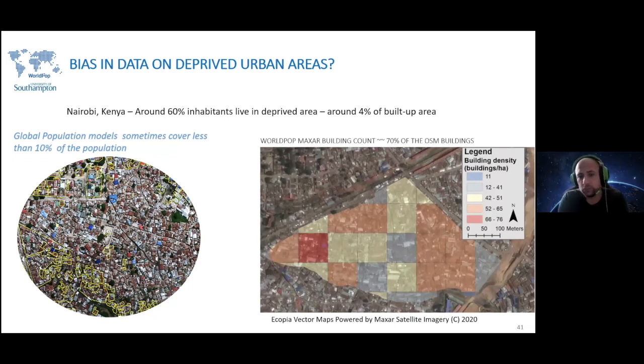You see that if you use the Maxar, let's say, building footprints, on the map here we see the building density, or the buildings per hectare. We overlay these products over a fully 100% dense slum, and you will see there are some polygons with like 10% building density. How is this helping to distribute population there?